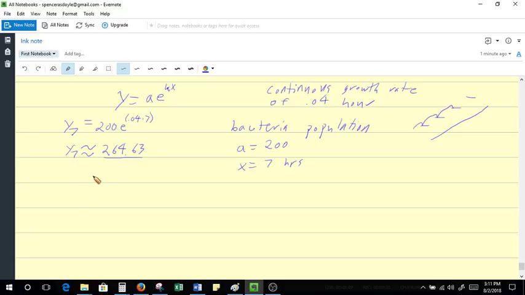So our answer would be 264. In the last problem, it made sense to round up. In this problem, it makes sense to round down. So if you're confused at all, go by common sense. And that should do it for this video.